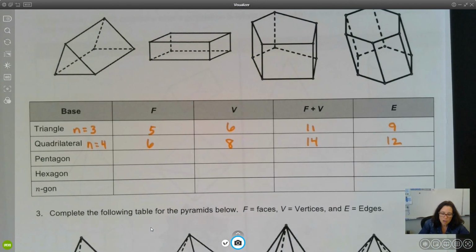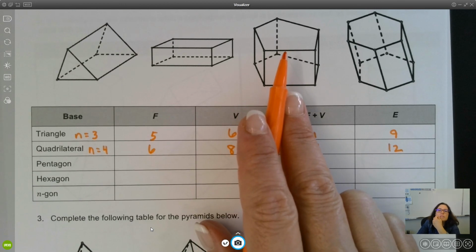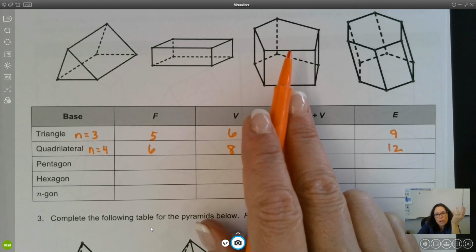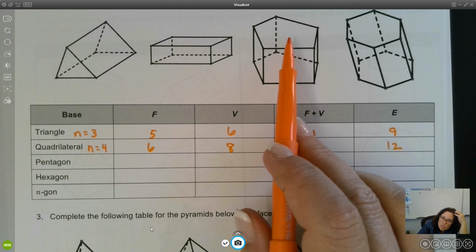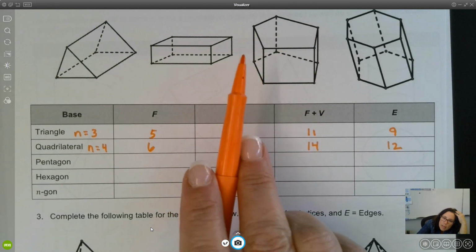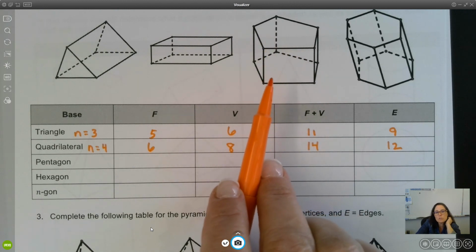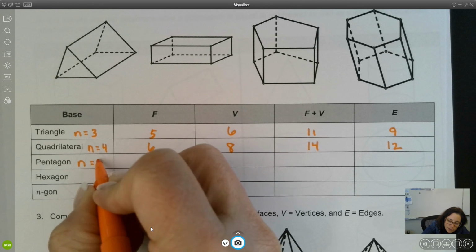Okay, pentagon. So this is a pentagonal prism, both ways you can say it. You can see the pentagon on the top and on the bottom, and then rectangles on the lateral faces connecting those pentagons. So for a pentagon, the number of sides is 5.